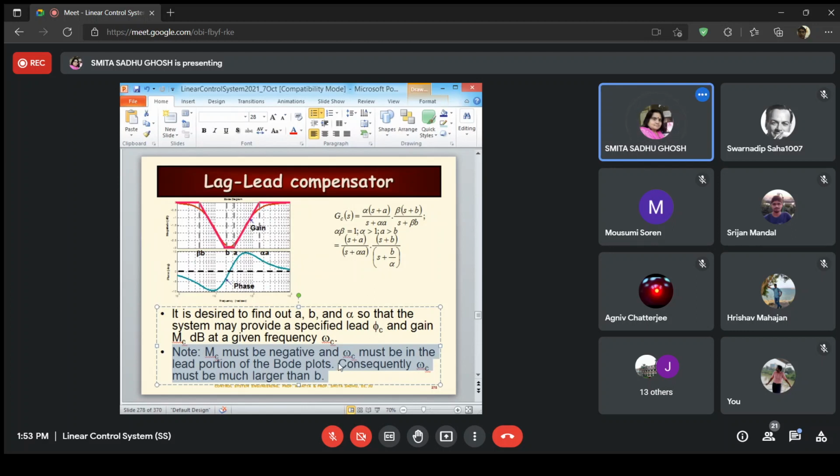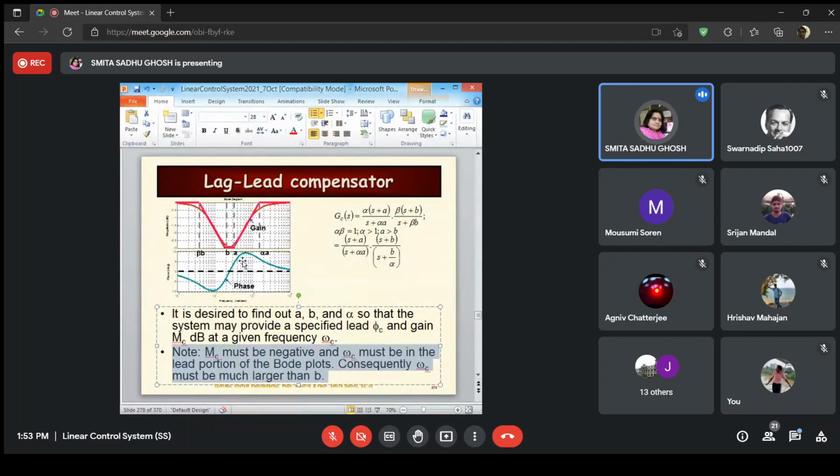So if that is the case, if we want a phase lead, what does it mean? For a lag-lead compensator, we have seen that at the lower frequency range we get a lag, so that will not serve our purpose. We would want a lead from the compensator.